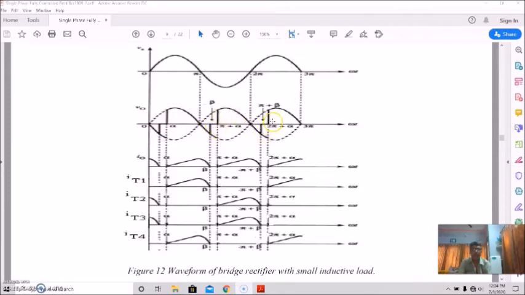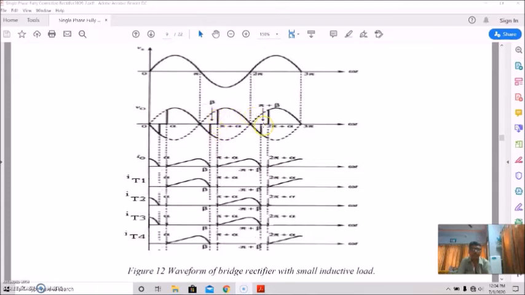That we have discussed in our earlier RL circuit discussions, for the center tap type also. So this is the firing angle for thyristor 4, and this is the next firing angle.